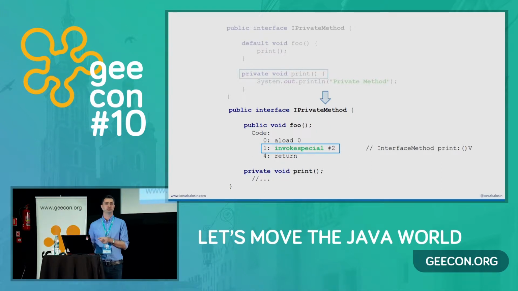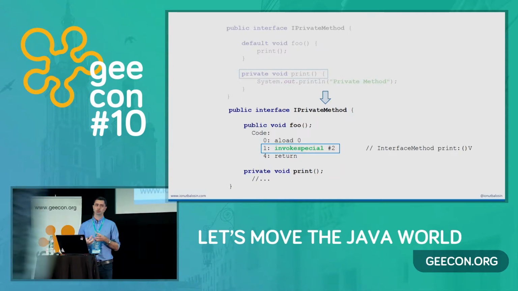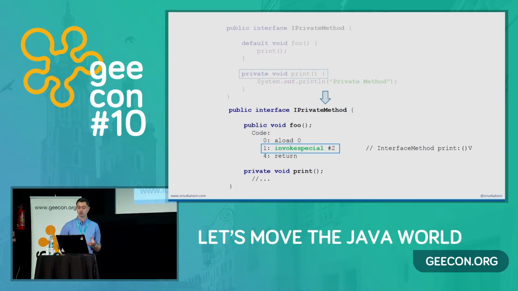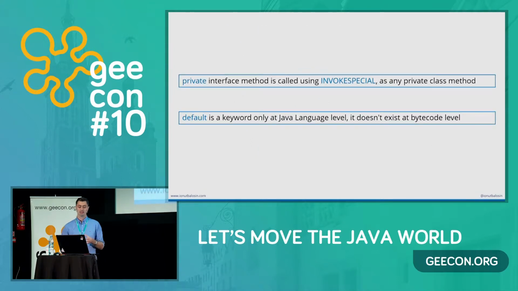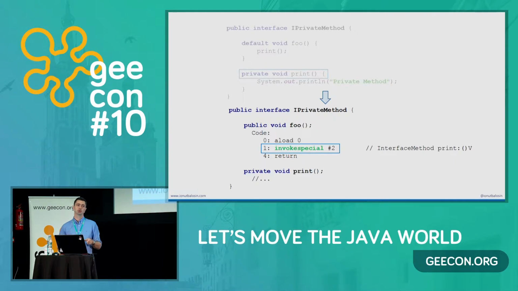It's the same principle as when you have a method inside a class and you call a private method from it. On top of that, as you can see here, default is not a keyword at the bytecode level, which means the default keyword exists only at the Java code level. If you compile and zoom into the bytecode, there is no default keyword.